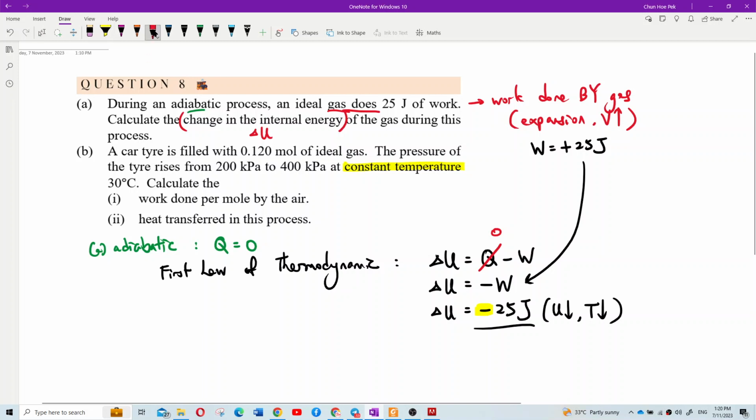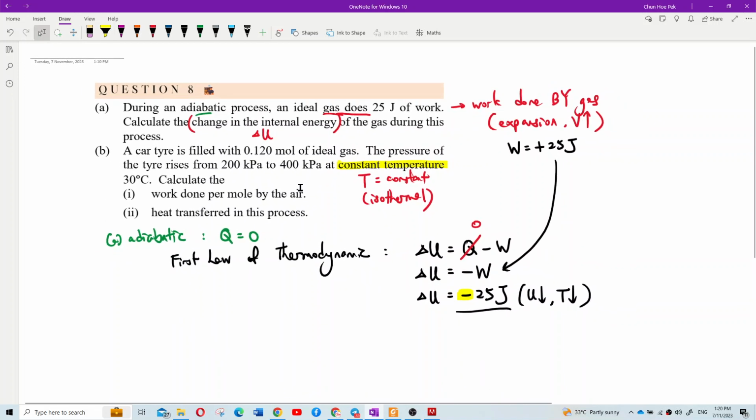Correct or not? Temperature is constant. So that means this is an isothermal process. Degrees Celsius, you need to change to Kelvin. Calculate work done per mole by the air. Work done by gas.